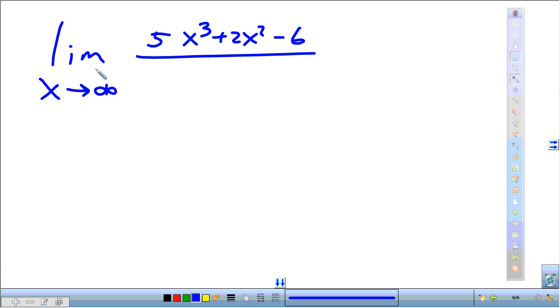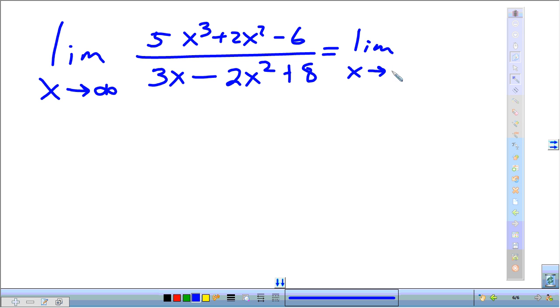Or I have the limit as x approaches infinity of (5x cubed plus 2x squared minus 6) over (3x minus 2x squared plus 8).